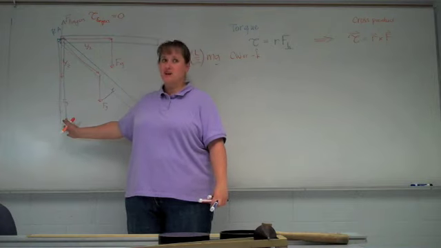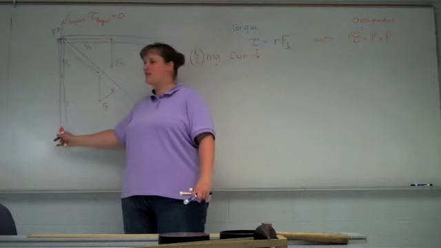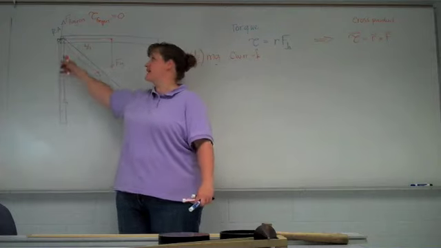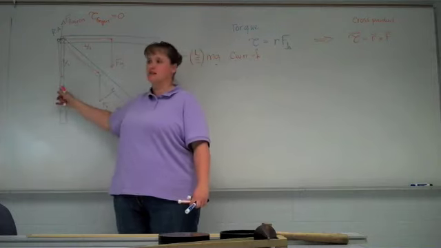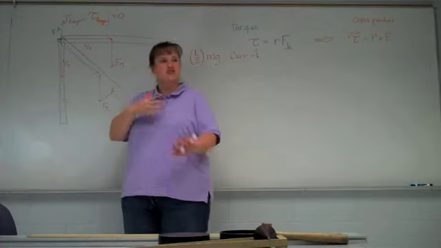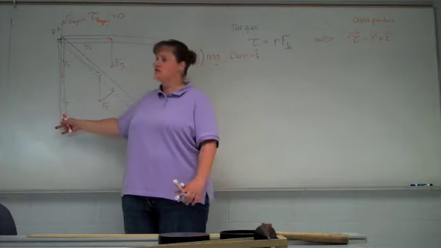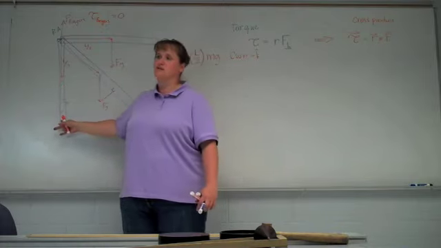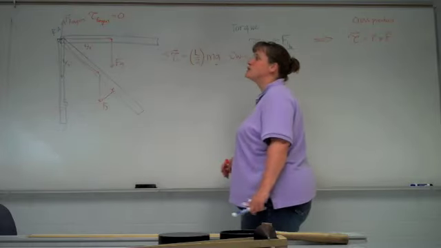That's why objects, as they swing and finally come to rest, will come to rest such that the center of mass is directly below the rotation axis. Because at that point, there will be no net torque. Assuming there's friction to make it come to rest, the torque will be zero at that point and it will be in equilibrium.